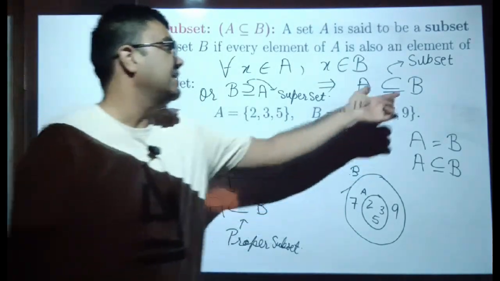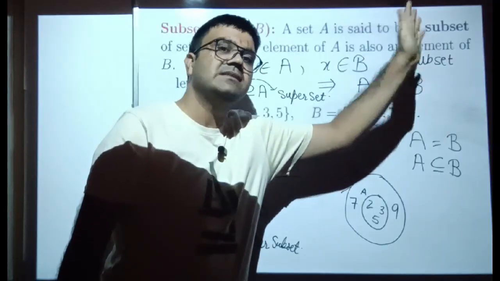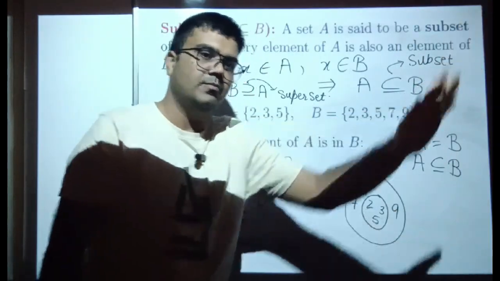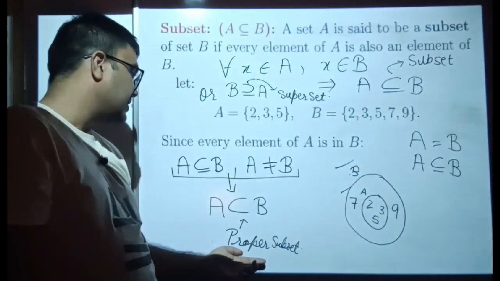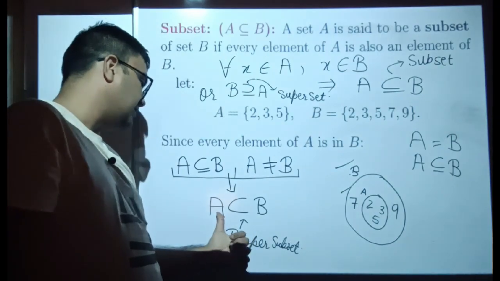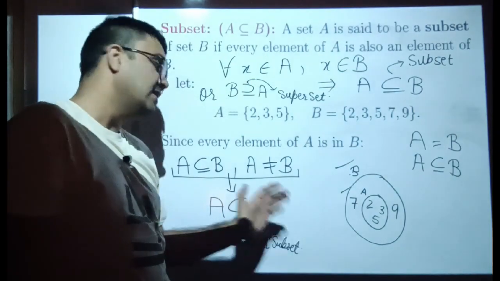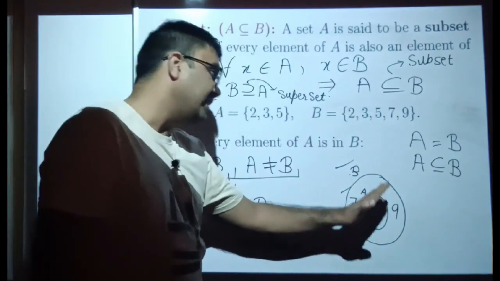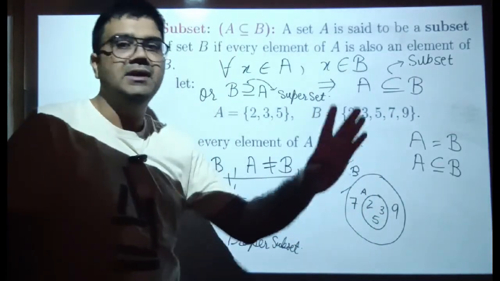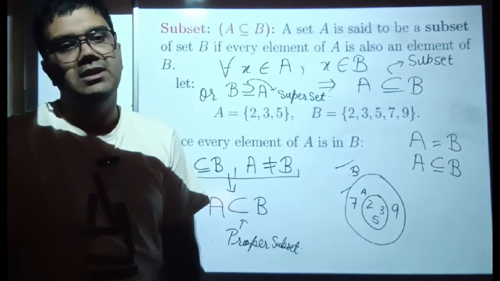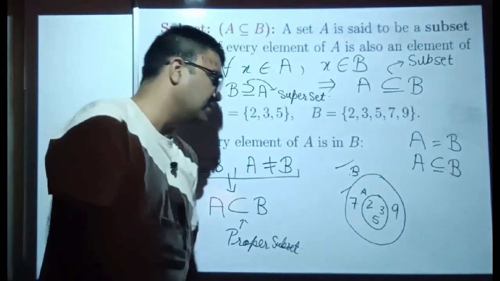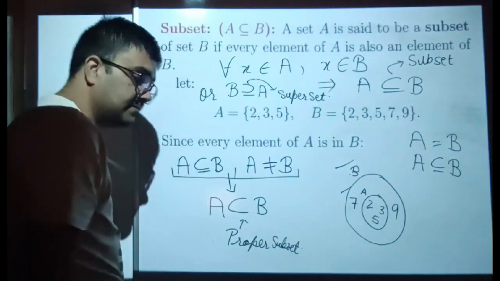This other symbol we are reading as subset. Subset means it is a subset or equal to, proper subset or equal to. When it is written A is a proper subset of B, it means that every element of A is an element of B, but A and B are not equal sets. This is what we mean by proper subset.